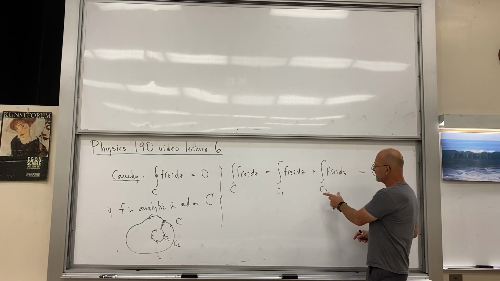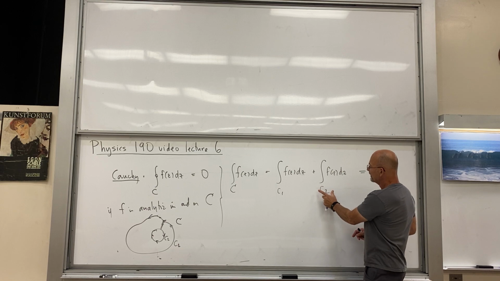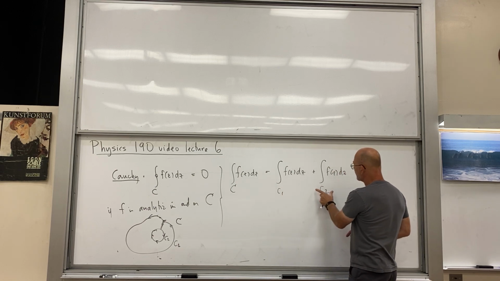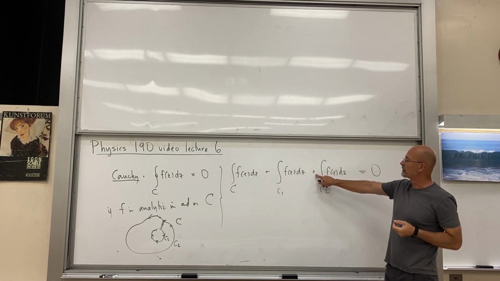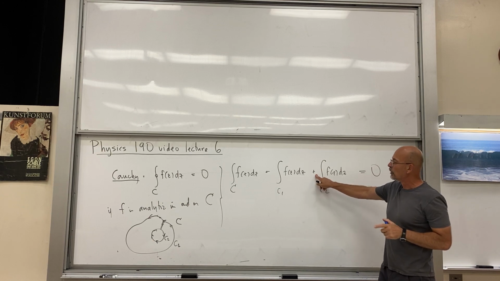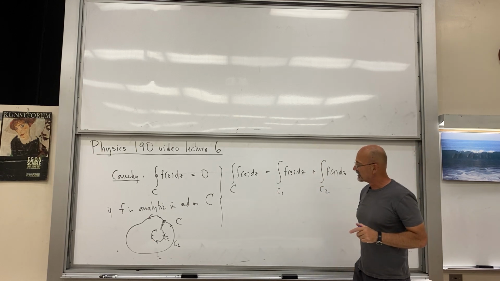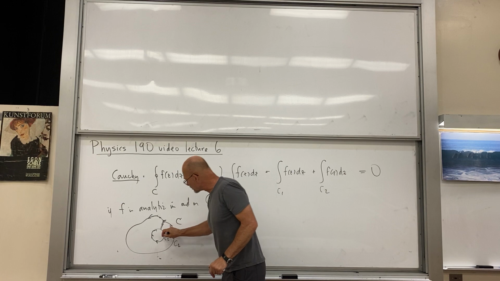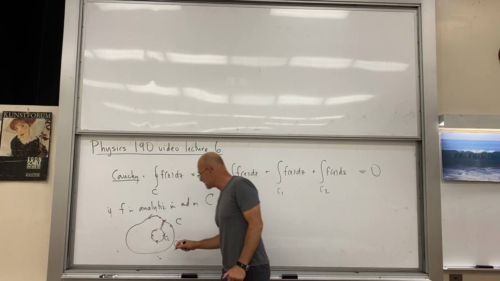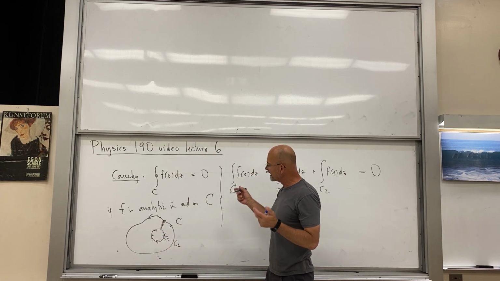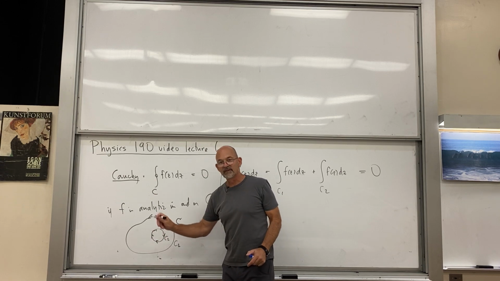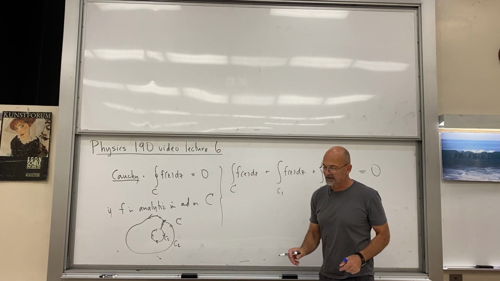So if I wanted to dispense with that, I could say they both have a proper orientation, and then I would put a minus sign here. Okay, we'll deal with that when we get there. Okay, so just be aware that this clockwise integral has the negative value of the counterclockwise integral. Okay, so I'll leave that right there.